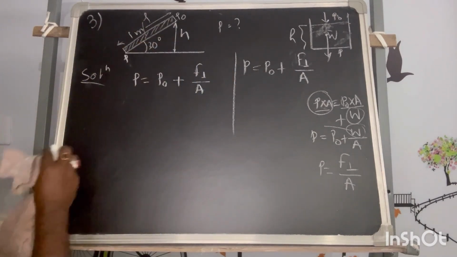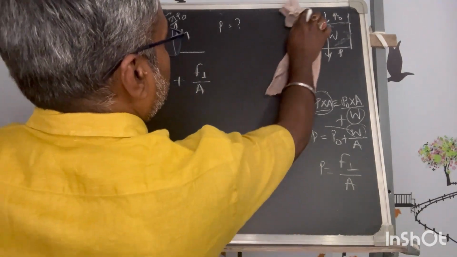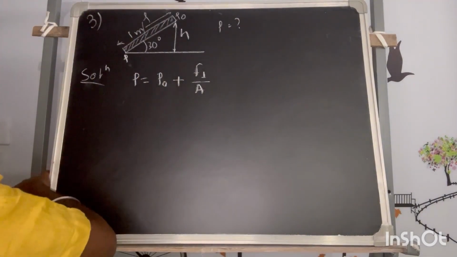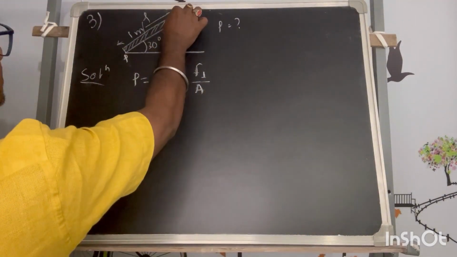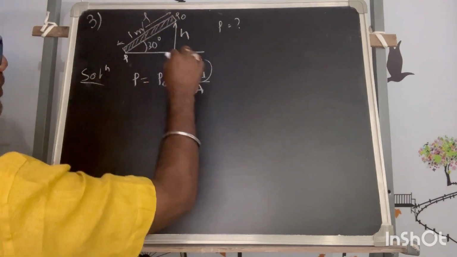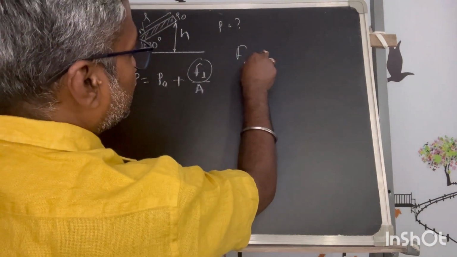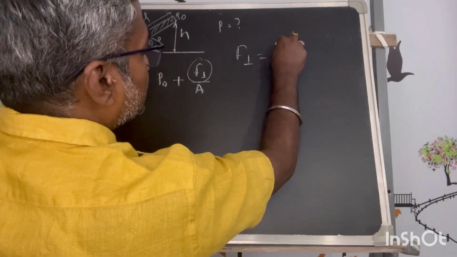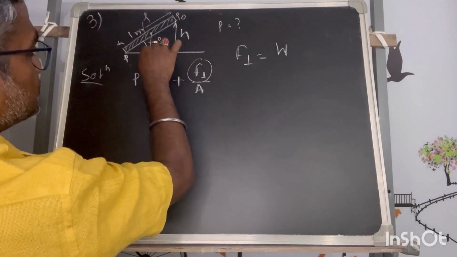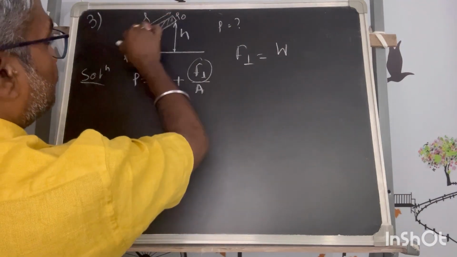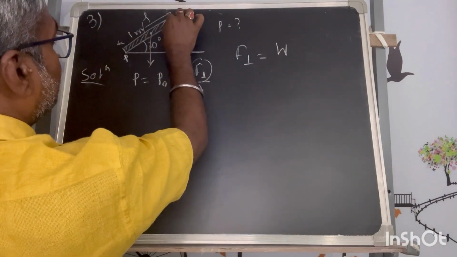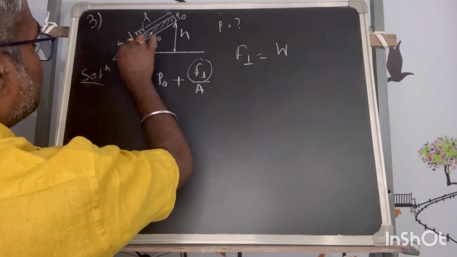Now if I go with the basic one, this force has to be vertical. Now this is not a vertical force, so what is the force here? Here the perpendicular force is nothing but the weight, but weight is acting downward this way. So the perpendicular force will be the component of this weight.